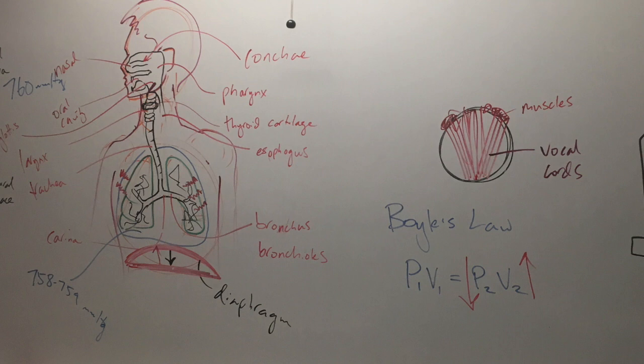Within that cartilage, we have some little bands of elastic fibers. So it's connective tissue basically. And if I were to draw a view looking down the larynx, so it's basically like a little tube, all right? Imagine this is a cross section of the Adam's apple.